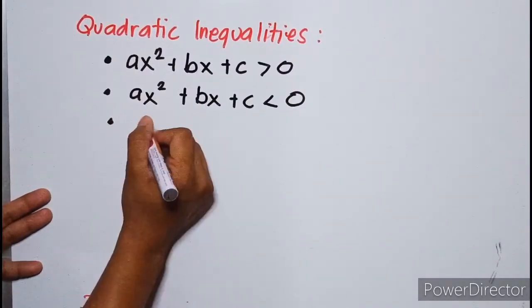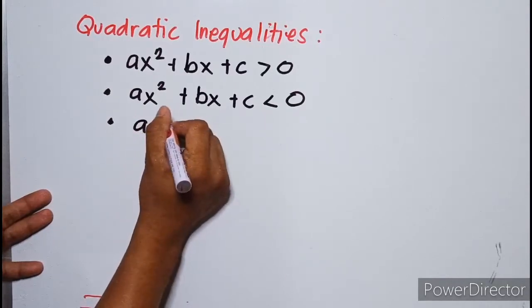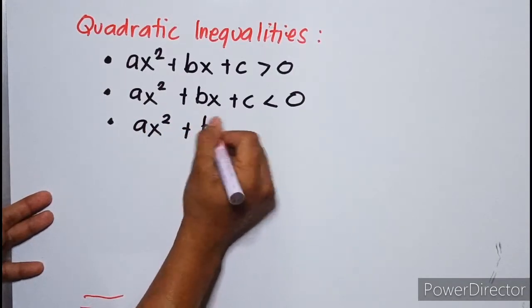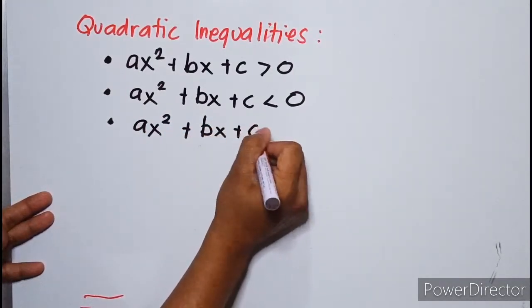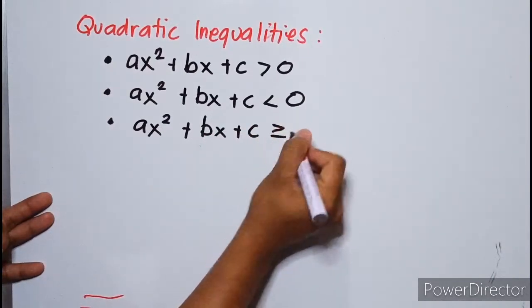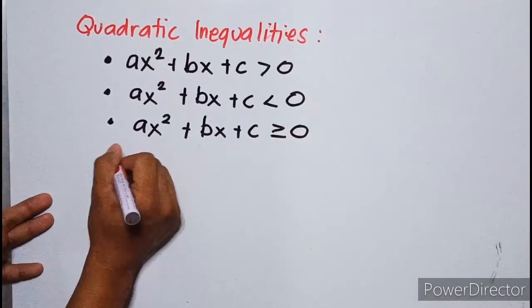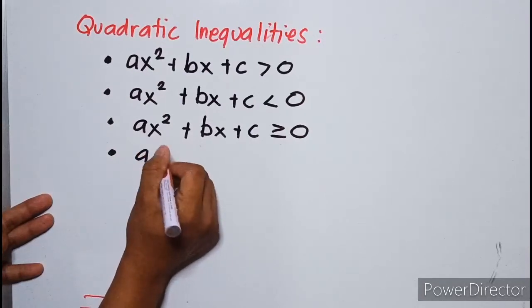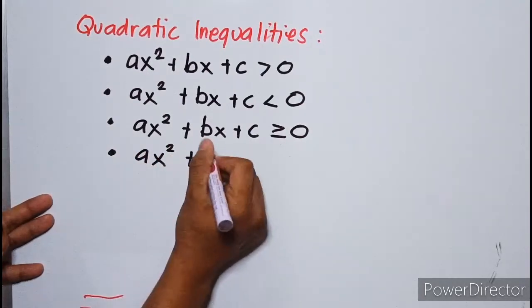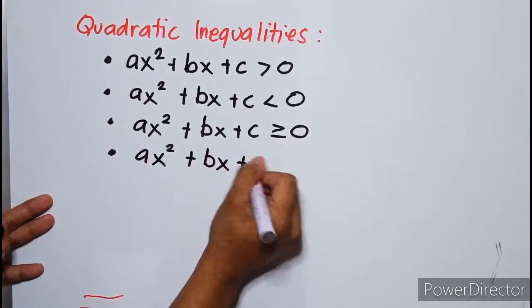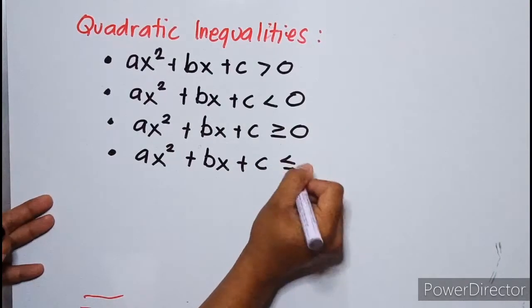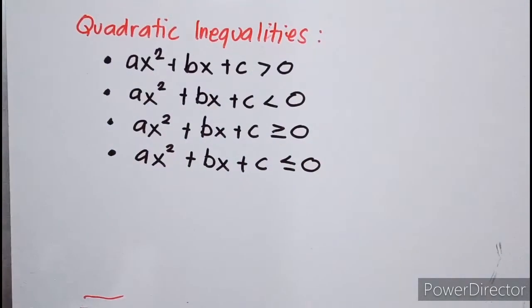The third one is ax squared plus bx plus c greater than or equal to 0. And last is ax squared plus bx plus c less than or equal to 0. So these are the four forms of quadratic inequalities.